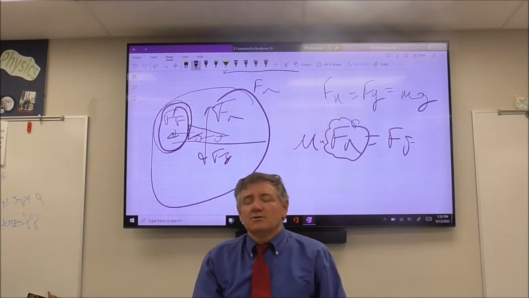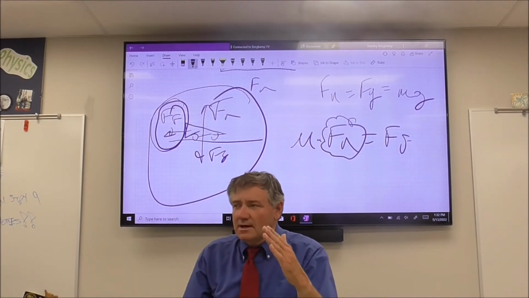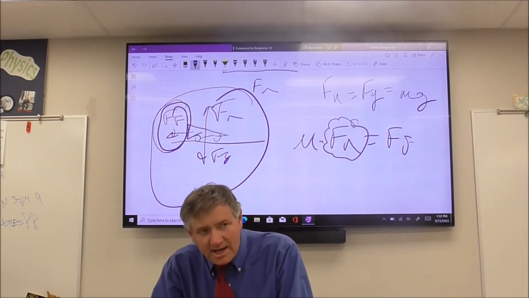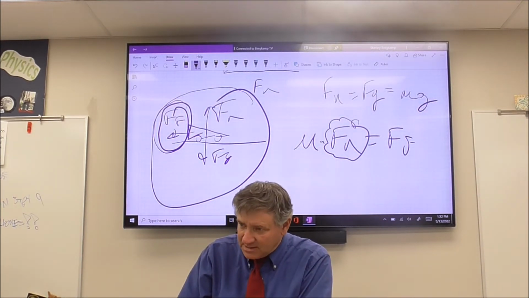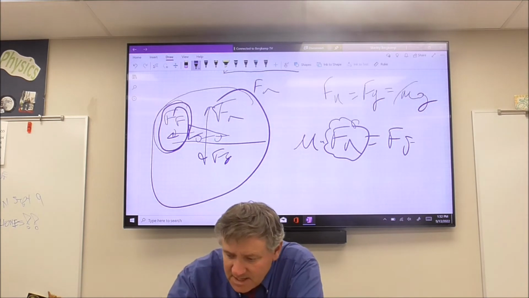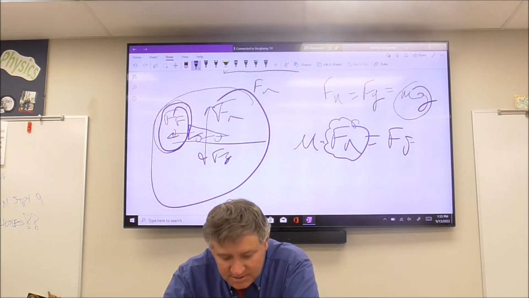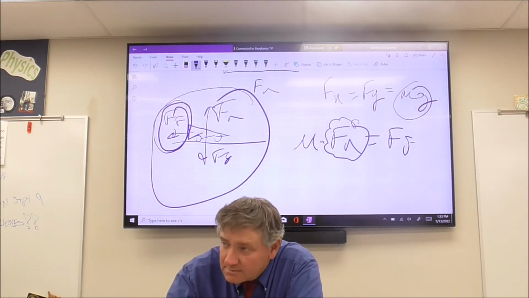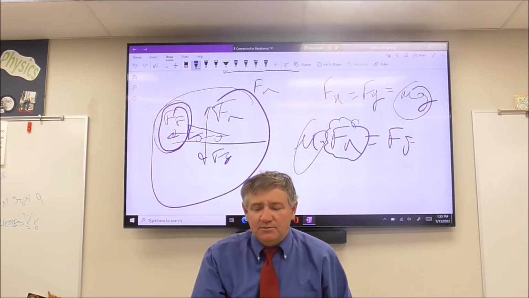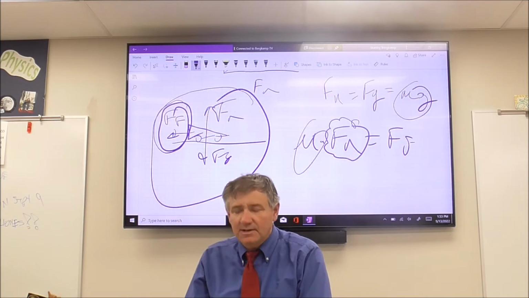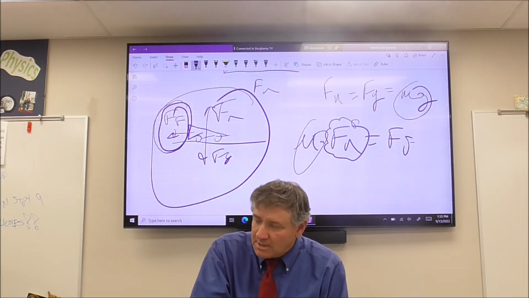Now, do not get hung up on signs. Here's the best advice I can give you. Just take mass times your gravitational acceleration, get the weight, make that the normal force. Multiply that by mu, keep everything positive, okay? Just get a number.